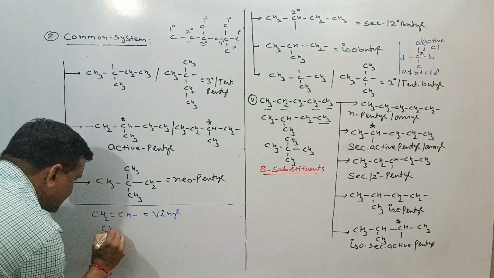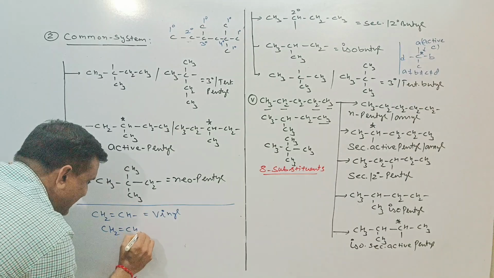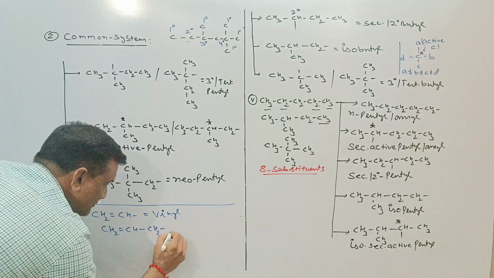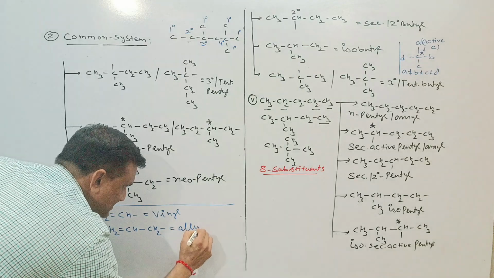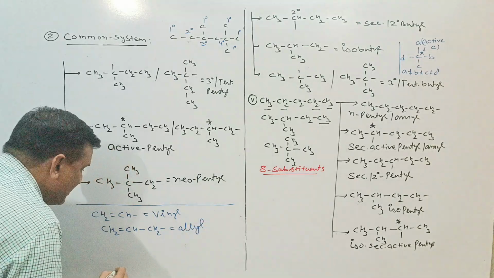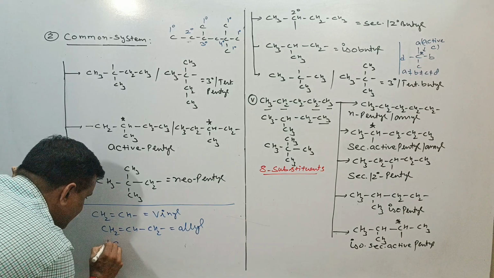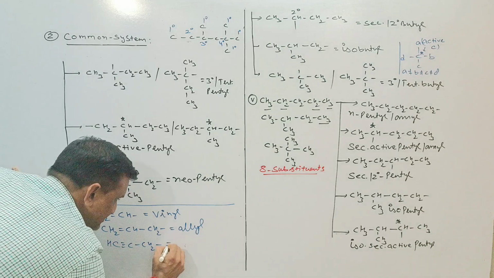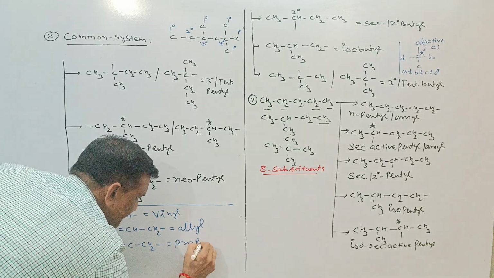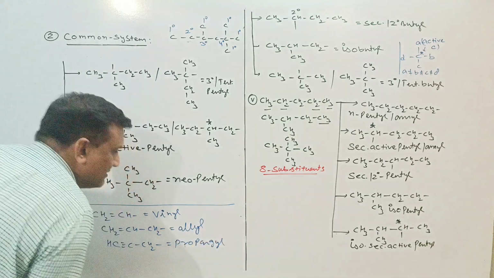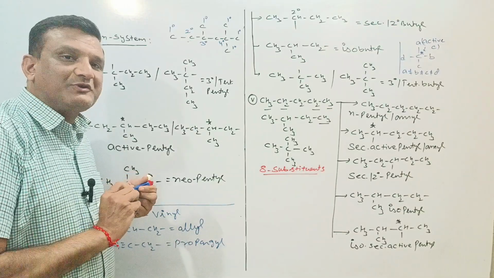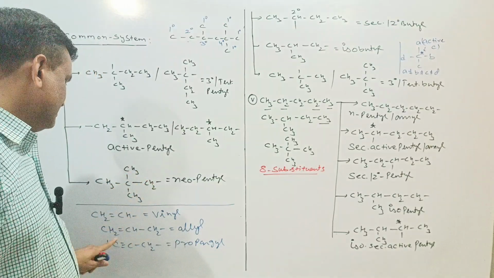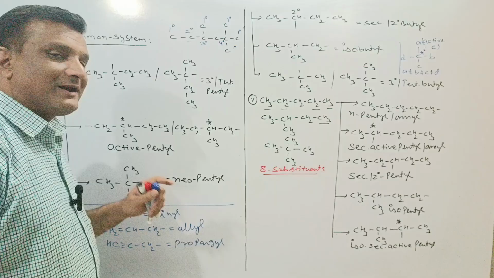If you go with CH2 double bond CH, this is the CH2, then it is called allyl, ALLYL. And if you go with CH triple bond C CH2, then it is called propargyl. So these are the additional substituents: vinyl, allyl and propargyl.